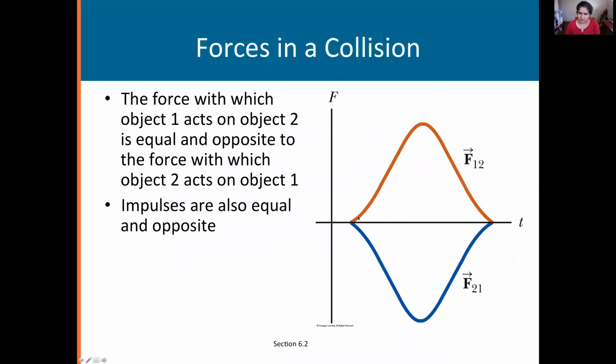So if this represents the force that object 1 experiences due to object 2, then object 2 experiences a force due to object 1, which is equal and opposite. At every point, it's equal in magnitude at any given time, and it's opposite in direction. So if this is positive F, this is negative F.